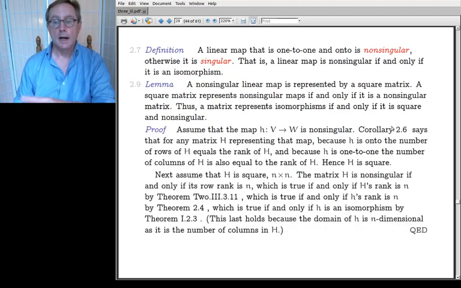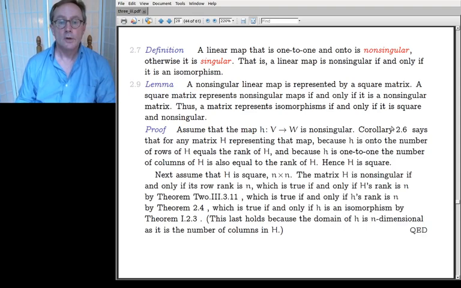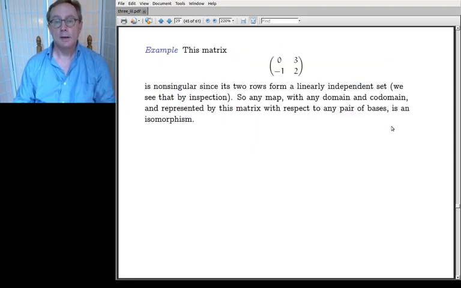Again, in the interest of time, the slides are really an introduction rather than the whole presentation. The whole presentation's in the book. So of course, I'm going to do an example. That matrix certainly is square. Does it represent an isomorphism? The answer is, if you do Gauss's method on that matrix, it's obvious that it will have no zero rows.